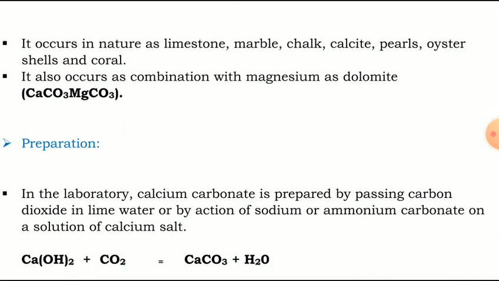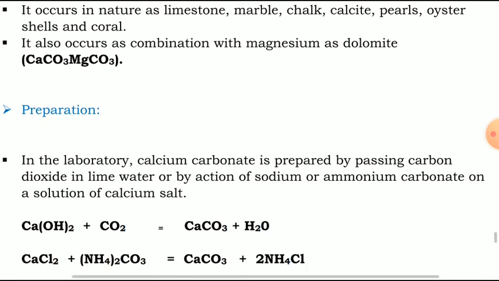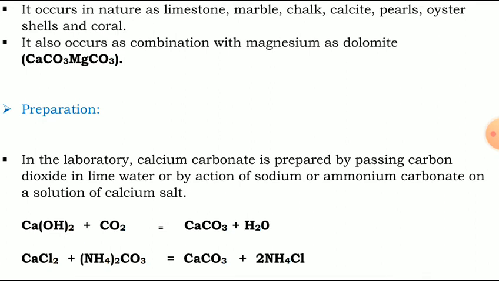See the reaction: calcium hydroxide reacts with carbon dioxide and converts into calcium carbonate plus H2O. Then calcium chloride reacts with ammonium carbonate, which gives calcium carbonate plus 2 molecules of ammonium chloride.